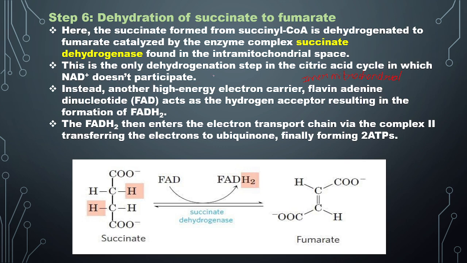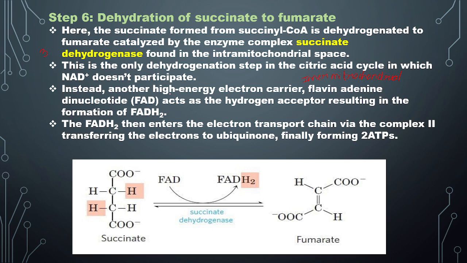This is the only dehydrogenation step. This is the third oxidation step. Third oxidative reductive step. This is the only dehydrogenation reaction in the citric acid cycle in which NAD plus doesn't participate, where FAD participates.